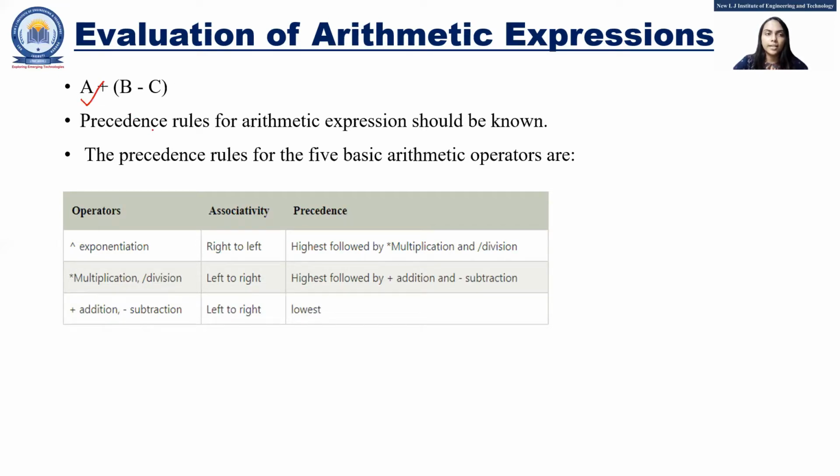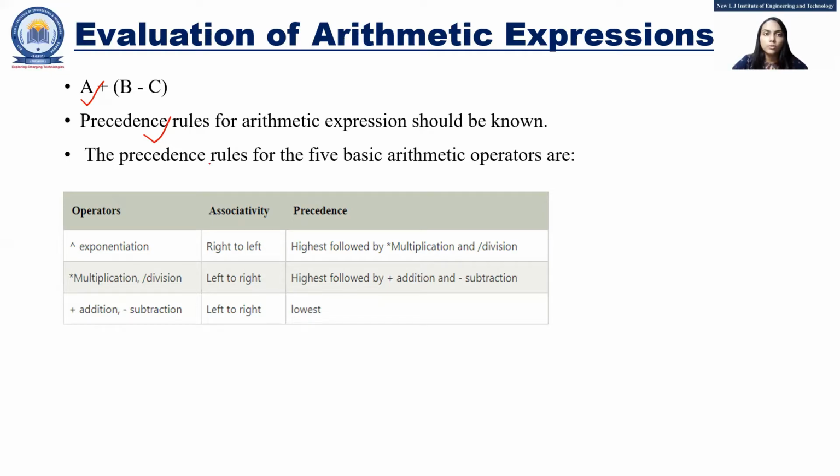In order to evaluate this expression, we should know two things. That is the precedence rule, because mathematically when we solve this expression, we need to know which operators are of higher precedence.